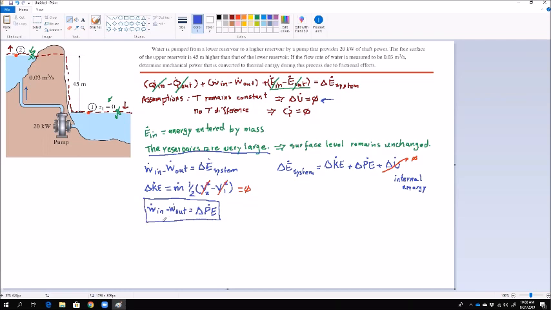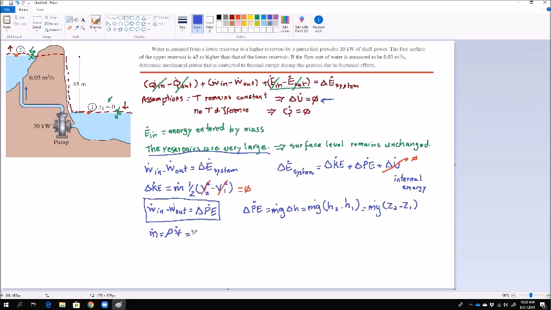Looks like we have enough information to solve this. So delta potential energy in rate form is m dot g delta h, which in our case is m dot g times Z2 minus Z1. We can calculate m dot now. m dot is density of water times V dot, the volumetric flow rate.